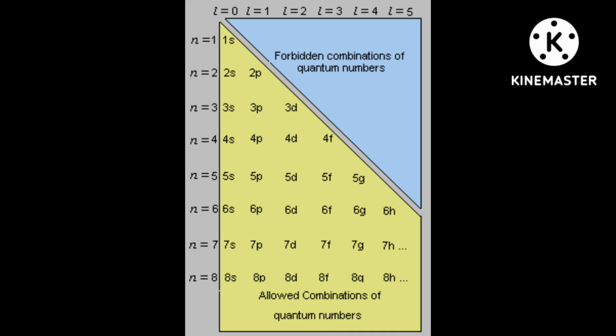Now the spin quantum number. When you talk about l and m, you have reached the different orbitals, and now electrons are in the orbitals. Now just know about the spin quantum number s, the electron spin.